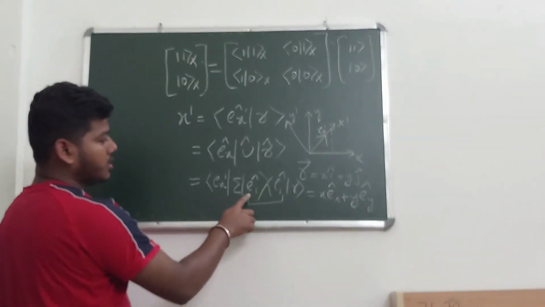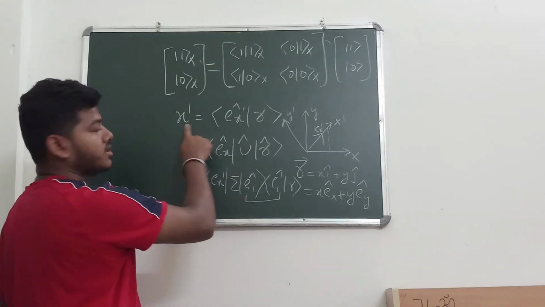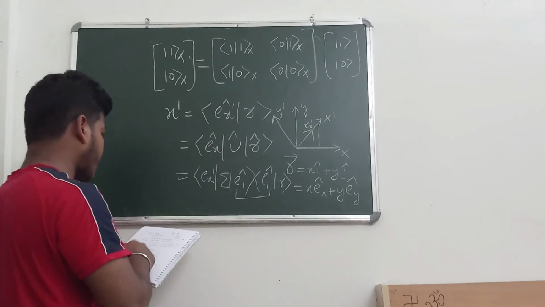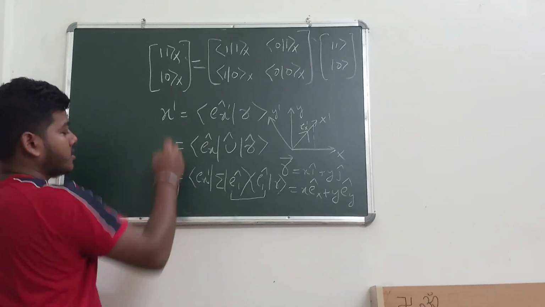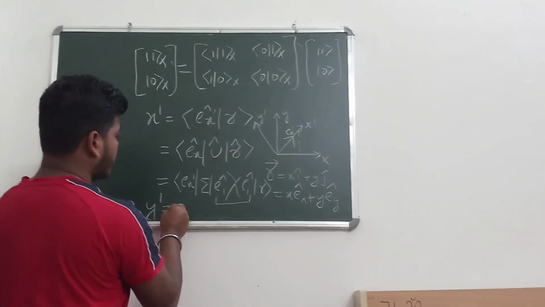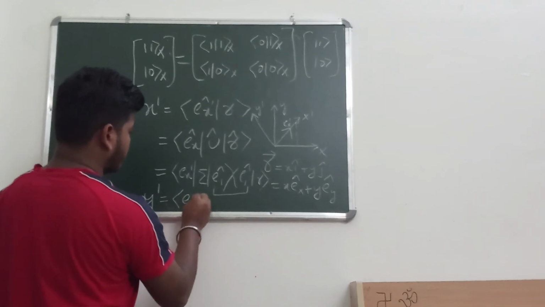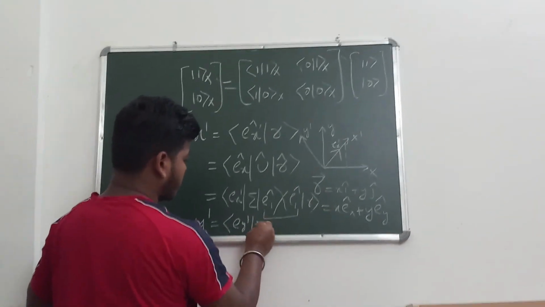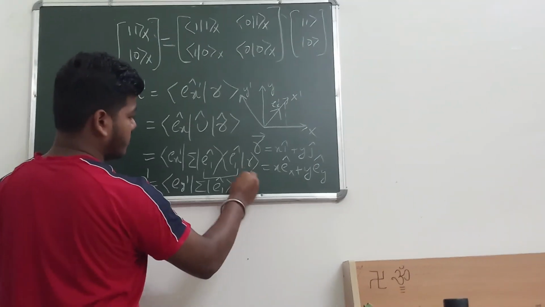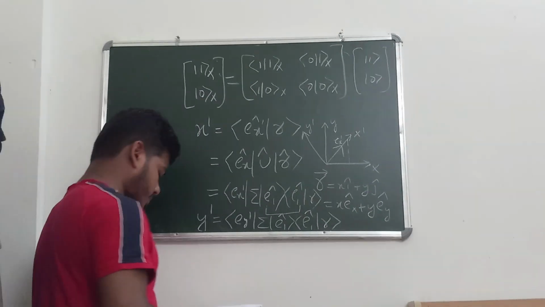So this summation equals 1, so ex dash r is the same as this. Now similarly I can write this for y dash. For y dash, how can I write it? ey dash, summation ei dash, ei r.